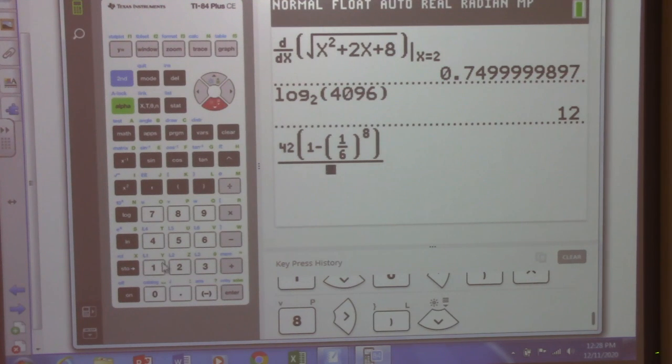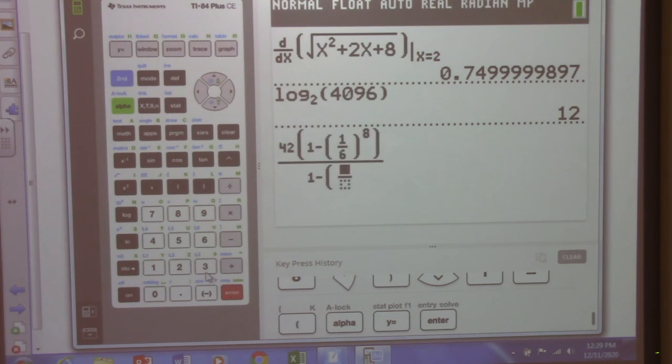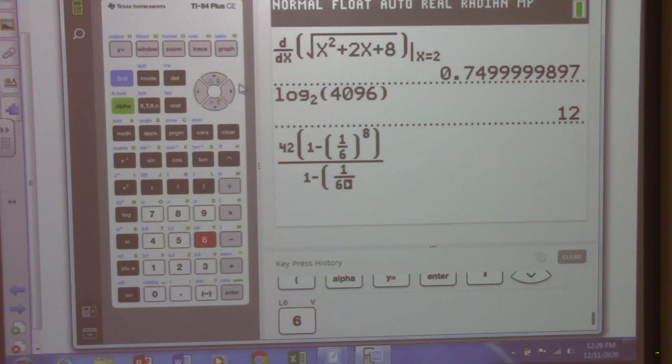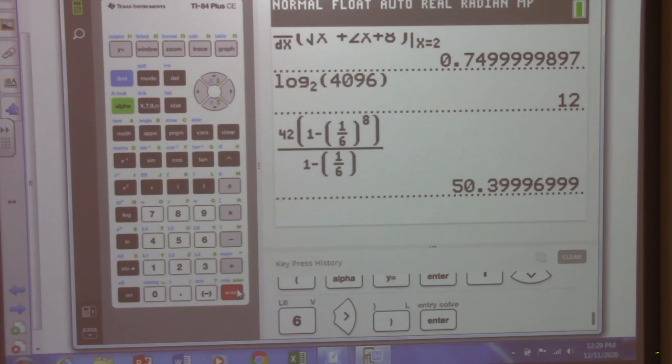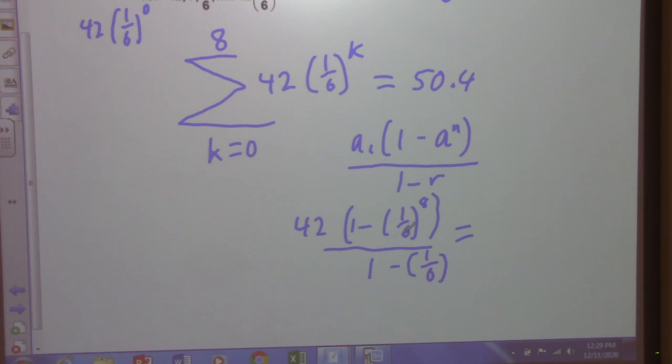And then we have down here 1 minus r. I'll use the parentheses, 1 over 6. And we should have, yep, yeah, that's going to be it, okay? So that's this formula. So we'll say 50.4.